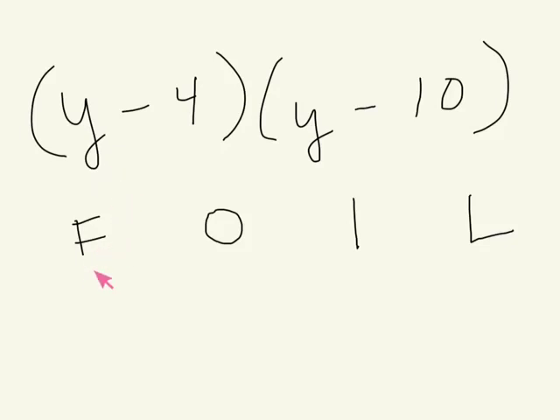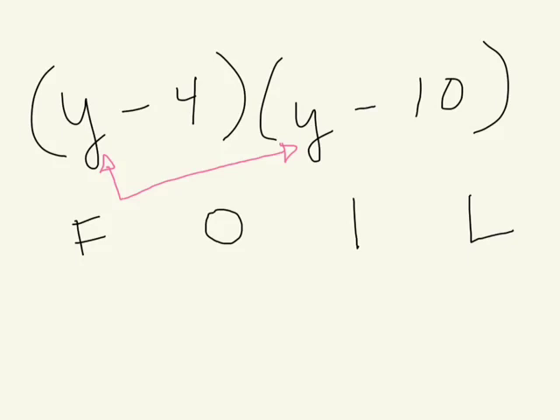F stands for first. I want you to write that right underneath there, first. O stands for outside. I want you to write that underneath, outside. I stands for inside. I want you to write that down, inside. And L stands for last. First stands for the first terms in each binomial, which are these right here.